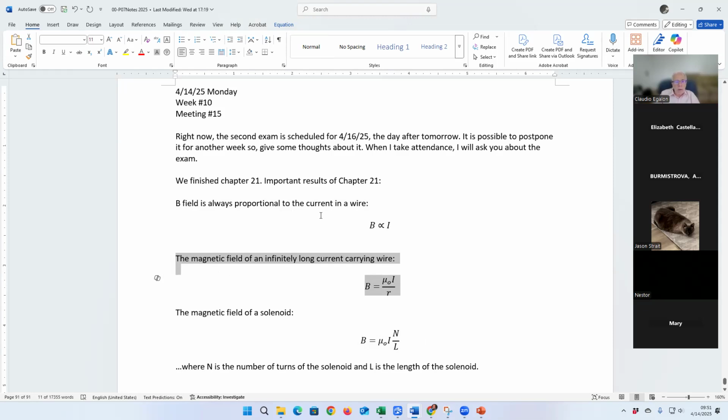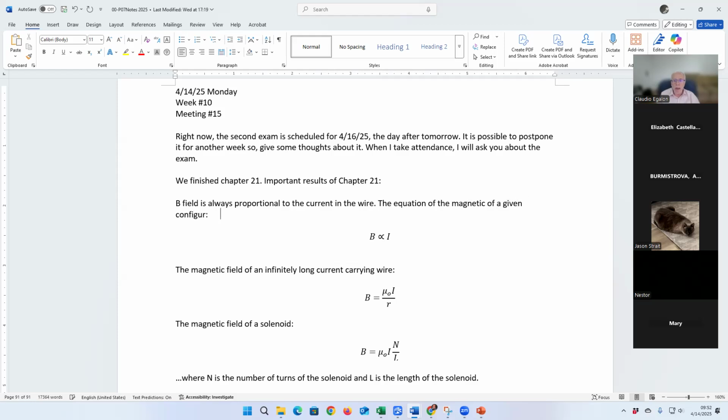Okay, what else am I going to put here? The field is always proportional to the current in the wire. The equation of the magnetic field of a given configuration can be obtained from Ampere's law.